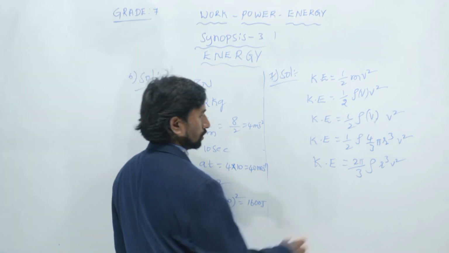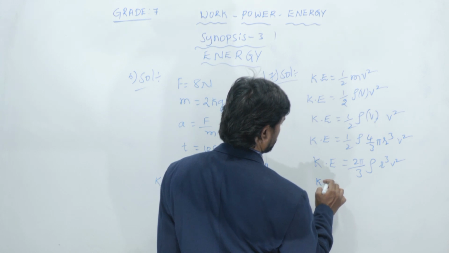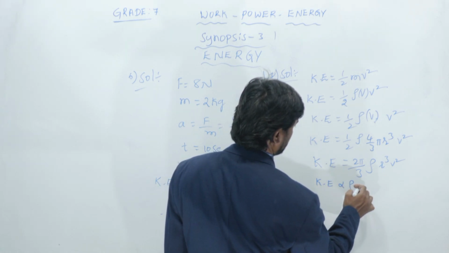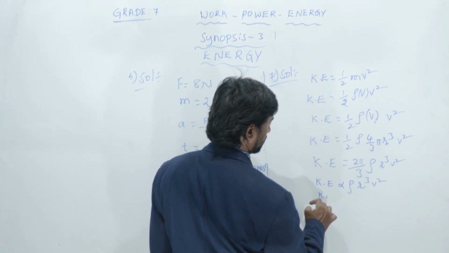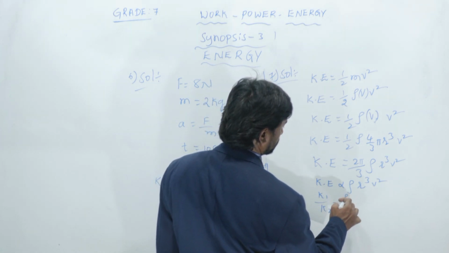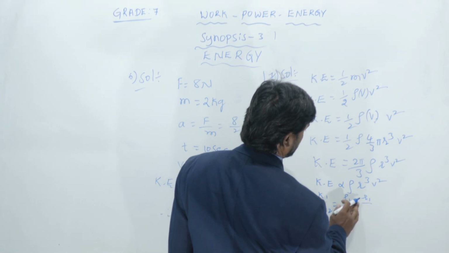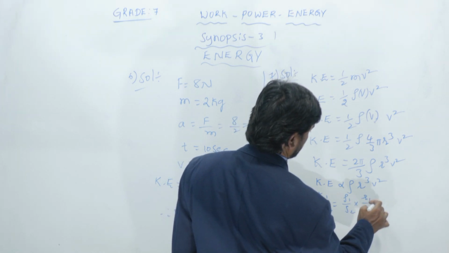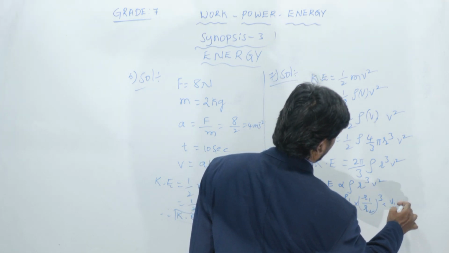Now, if the rest is constant, kinetic energy is directly proportional to the density, the radius cubed and the velocity squared of the body. So K1 by K2 is equal to rho 1 by rho 2, into r1 by r2 whole cube, into v1 by v2 whole square.